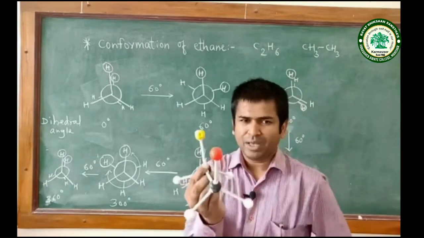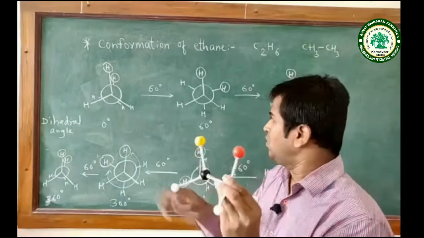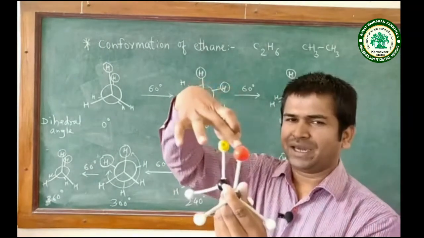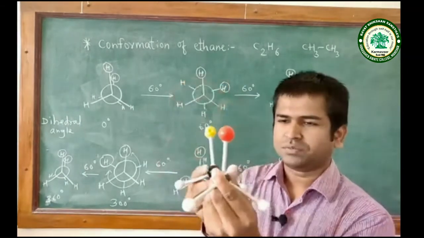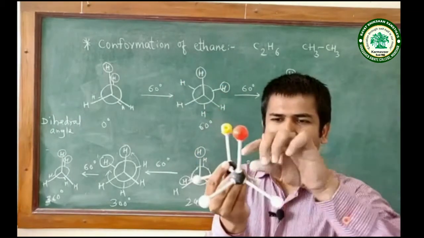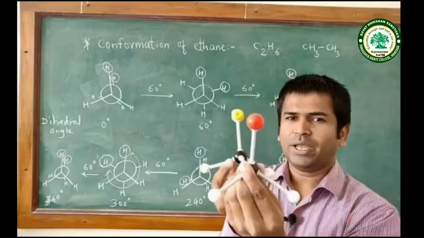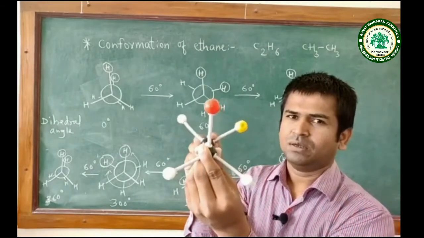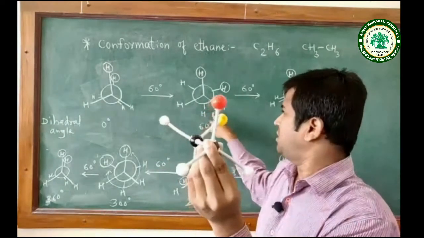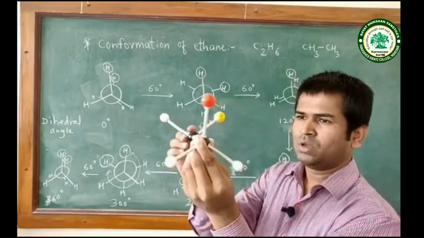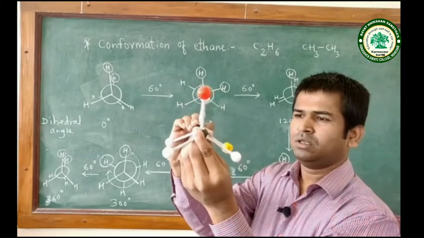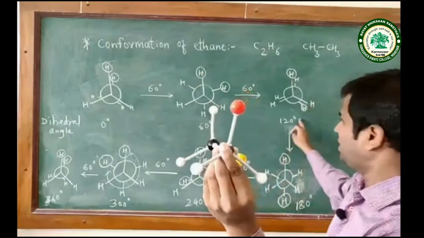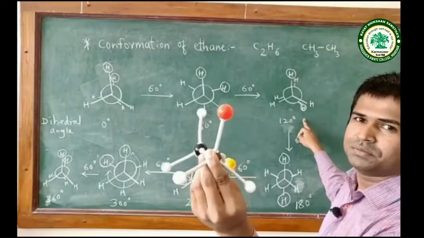Okay. So with the model we can see how these structures are obtained. Initially the dihedral angle is 0 between these two hydrogens. Now we fix carbon number 1, the front carbon, and rotate carbon number 2, the back carbon. You get structure 2. Again rotate by 60. The dihedral angle between these two hydrogen atoms is 120 and you get structure number 3.